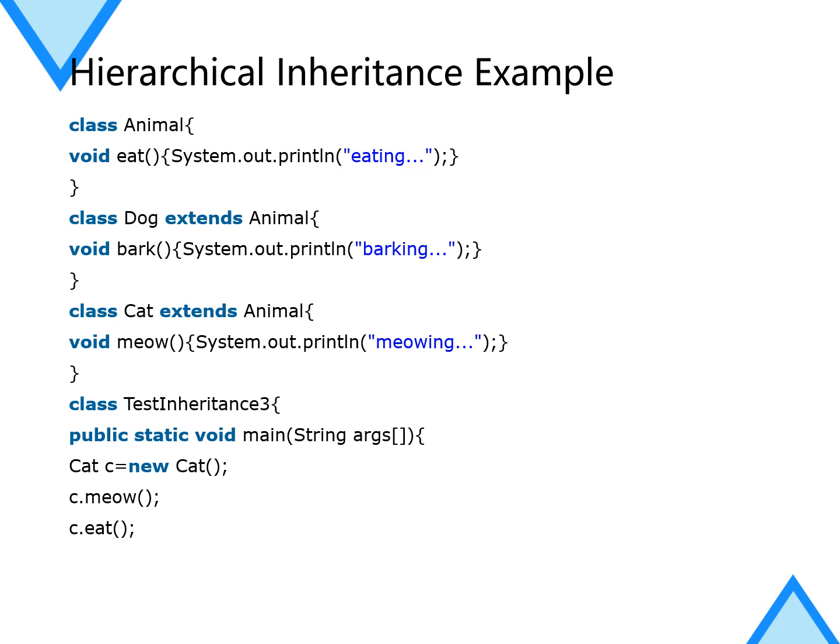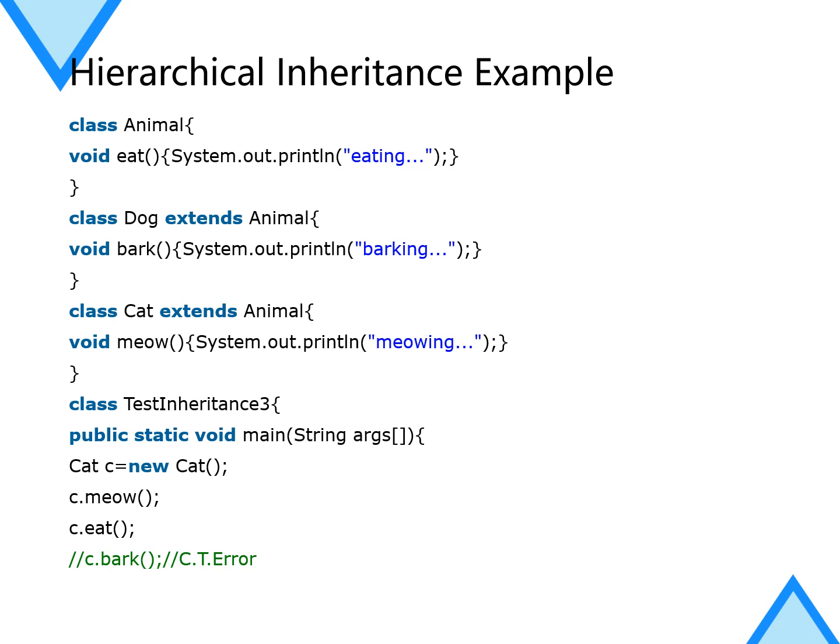Now we are going to call c.eat, which will also be called successfully because eat is a method of its parent class. But whenever we try c.bark, it will fail because dog is not a parent class of cat, so the cat class object will not be able to access it, as they have no connection with each other.